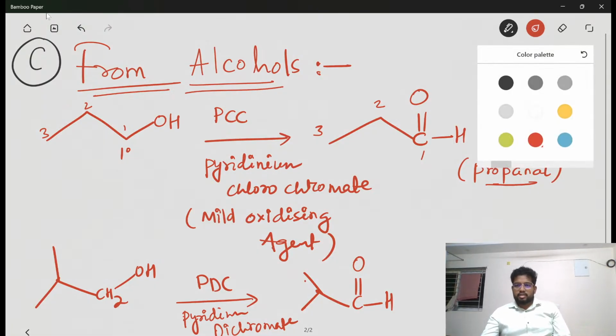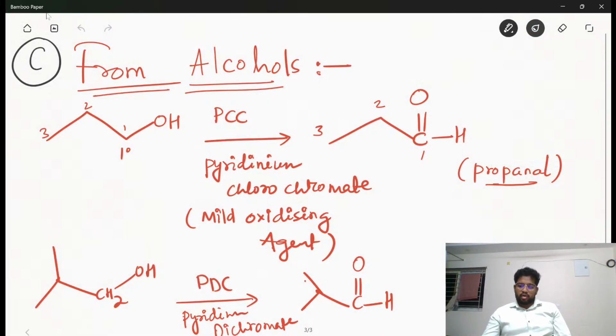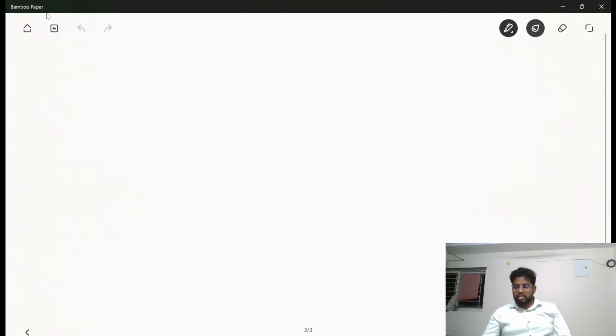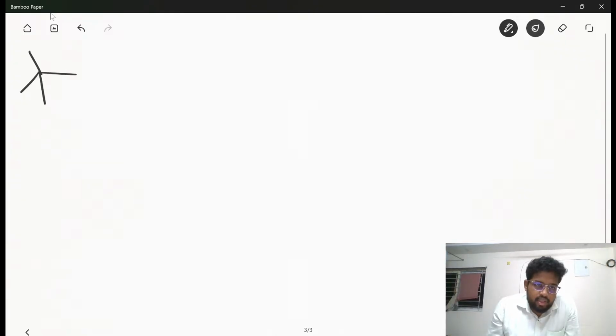Now further, let us go to the next slide and see what more reactions we can do. So now, one more reaction I should give to you people. I have a 3 degree substituent and then a 1 degree group. Now I am treating, tell me what is the name of this reagent.